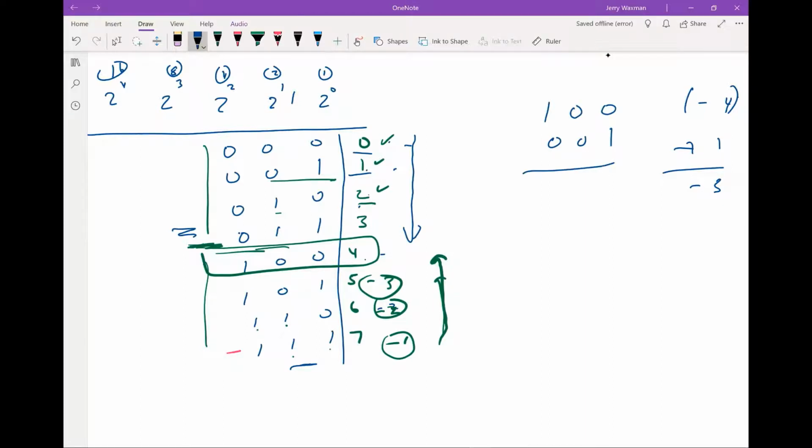So 0 and 1 is 1, 0 and 0 is 0, 1 and 0 is a 1. What number is this? Well, look over here. 1, 0, 1 is a -3. So that means that this guy over here can be a -4 as well. We saw that if I interpreted this thing as a 4, it works. And if I interpret it as a -4, it works.